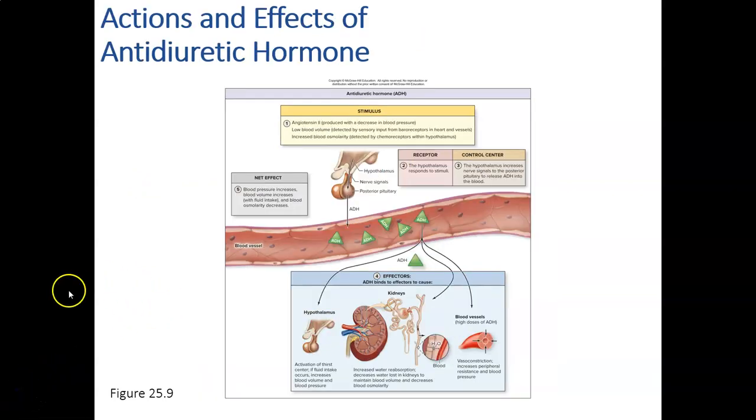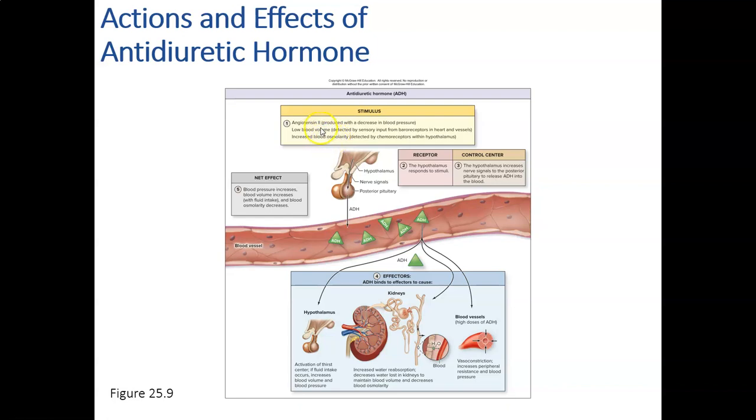Well, the second one we're going to look at is ADH. Let's look at what stimulates it: angiotensin 2 stimulates it, right? We just talked about low blood volume stimulating it, and also increased blood osmolarity, right?